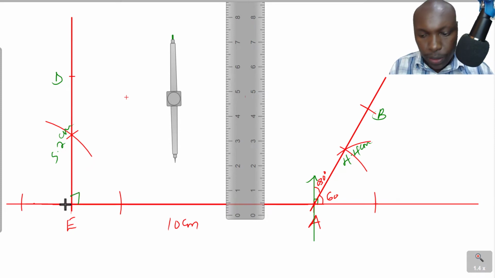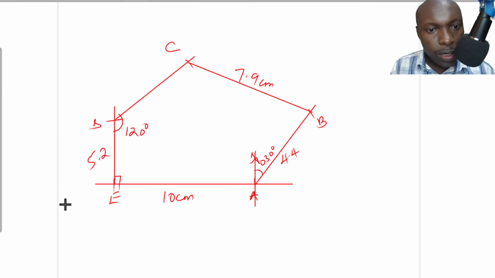After doing that, we need now to construct 120 at point D. That angle EDC should be 120. So how do you do that? We need to construct 60 on this side. This is from the sketch.